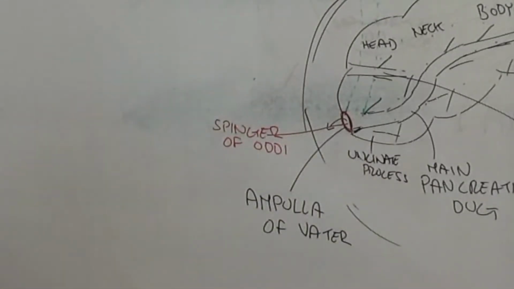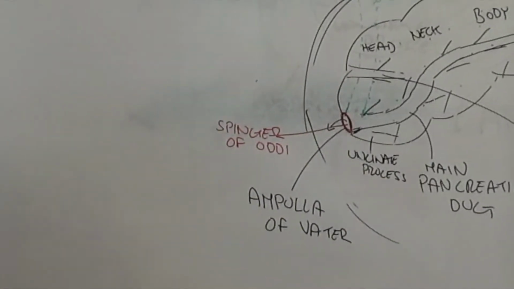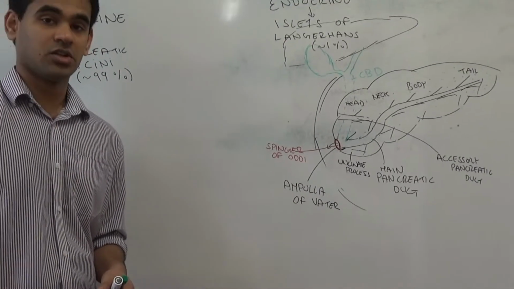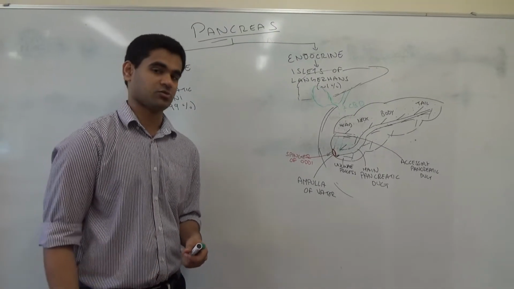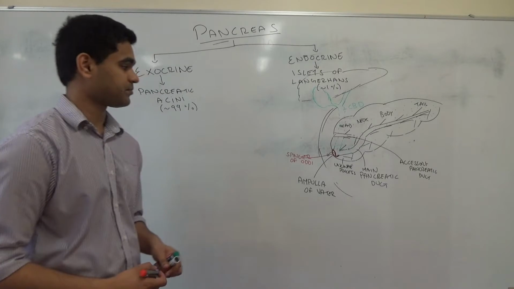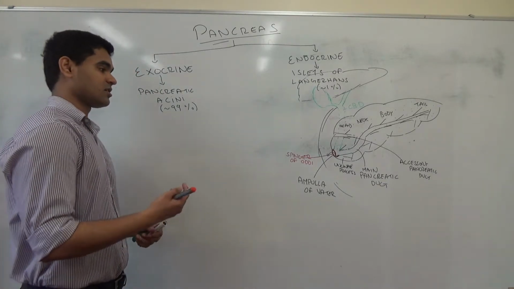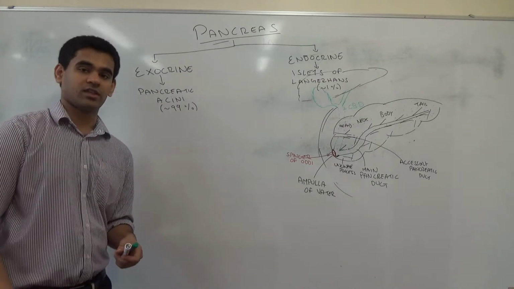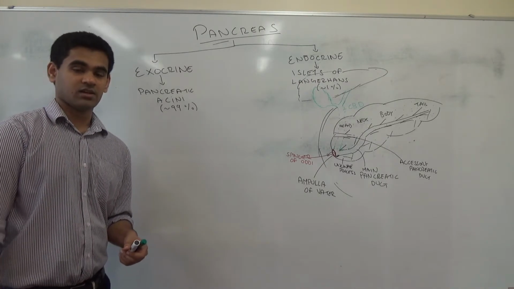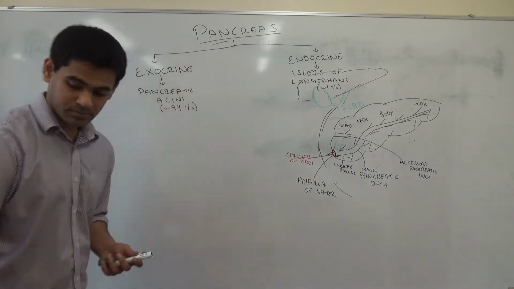And we'll see why that sphincter is important during our lecture on acute pancreatitis, which we'll do in another lecture. Great. Okay, so that's a very basic diagram of the ductal anatomy of the exocrine pancreas.